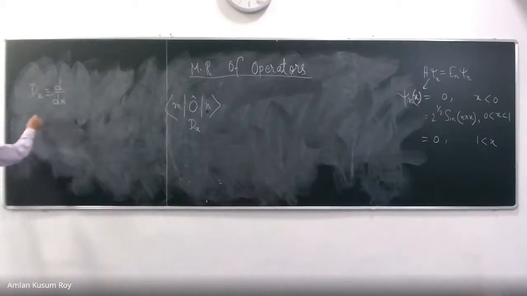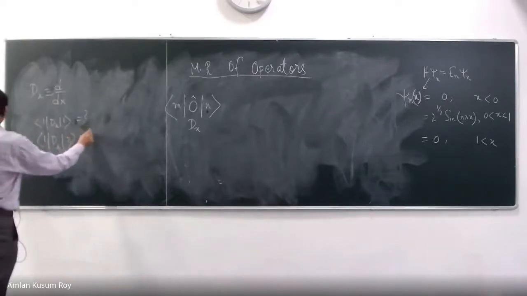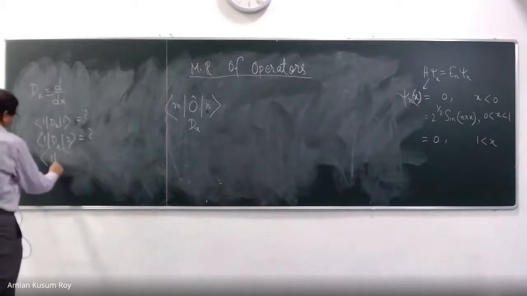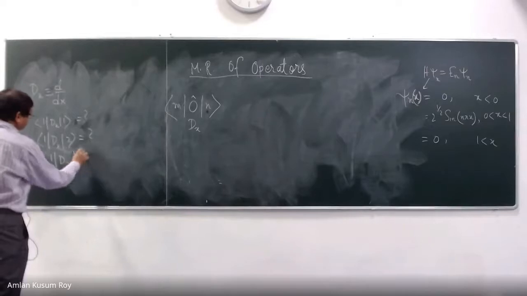So can you tell me what is going to happen? 1 dx 1, what is going to happen? 1 dx 2, who can say? Let us see. 1 dx 3.